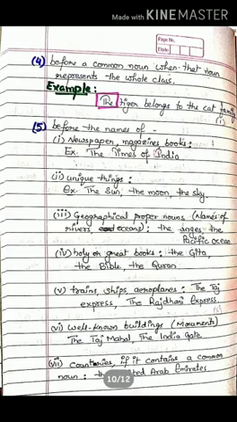The is used before a common noun when that noun represents the whole class or the whole species. Example: the tiger belongs to the cat family. So the comes just before the tiger. Next point: the comes before the names of newspapers, magazines, books.